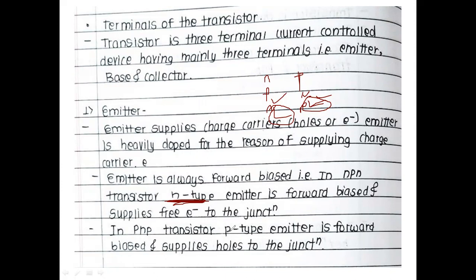P-type means we have to give positive supply, and it supplies the holes to the junction. If negative supply is given, it provides free electrons. If positive supply is given, it provides holes.